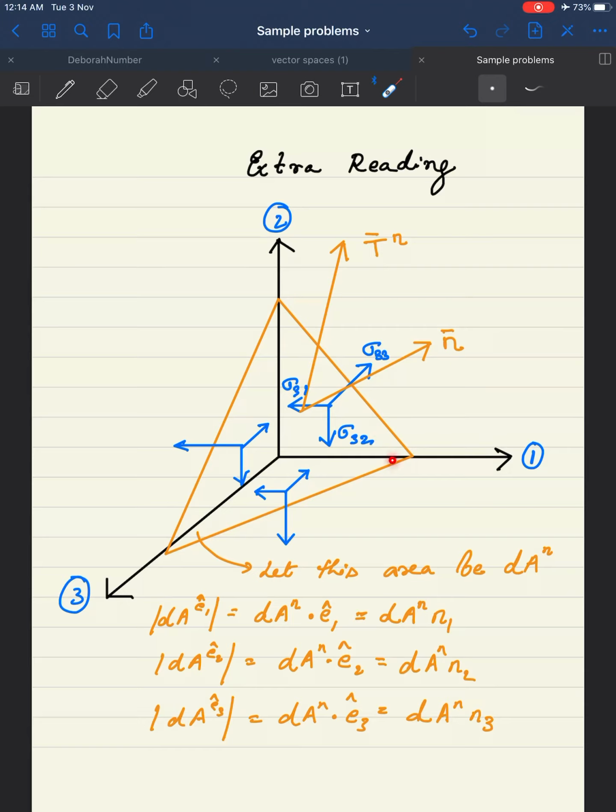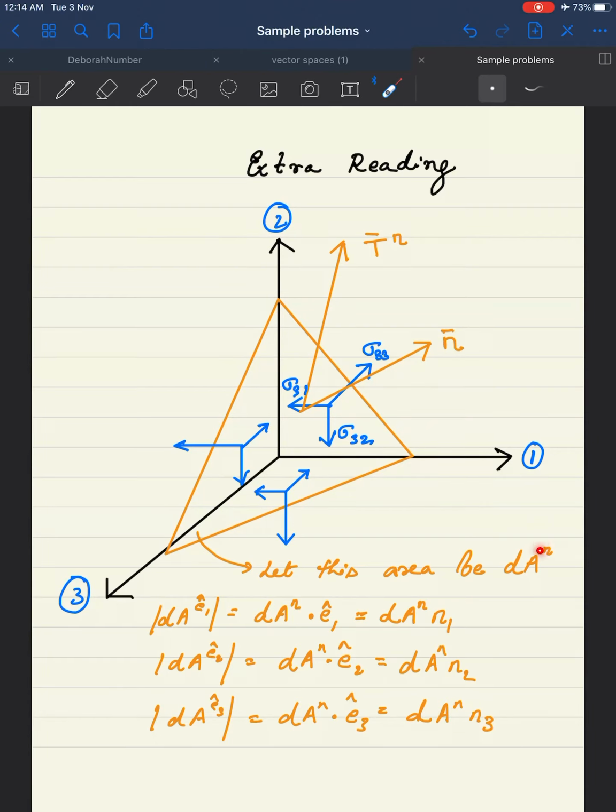Okay, so we are again looking at an infinitesimally small element, but this time we have cut it such that you can just think of it as if we have taken a plane and cut it through one of the cubes and cut it through one of the vertices, and you have this triangular shape. So you now have an arbitrary shaped area which has a given normal vector, and let this area be dA n.